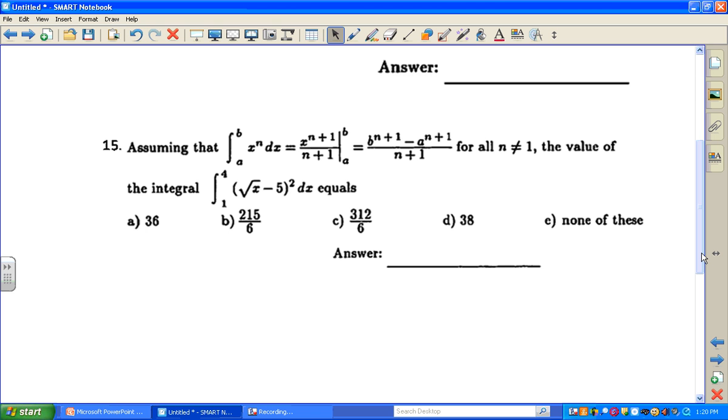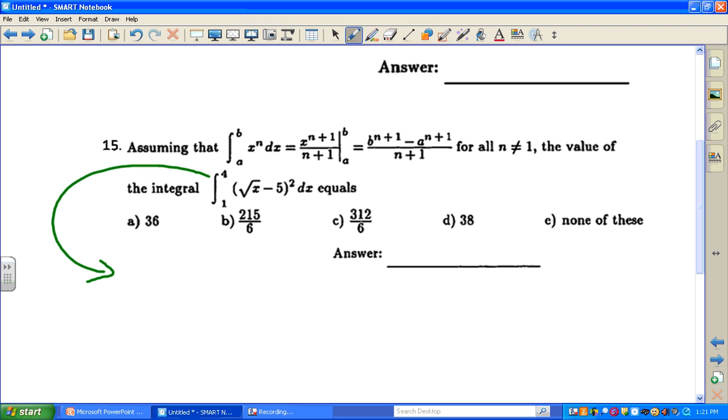Assuming the integral of a to b of x to the n dx... Oh, you guys don't read it like this. Oh, don't sell yourself short. That's the worst thing to do. What do you get?